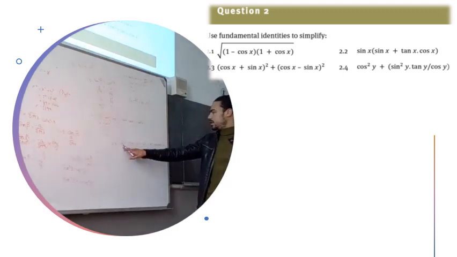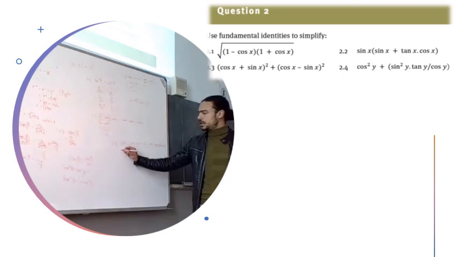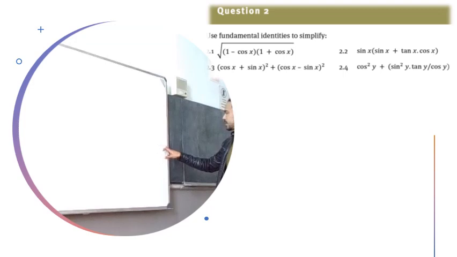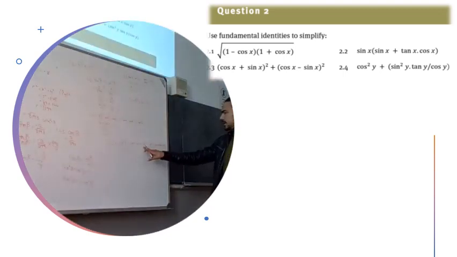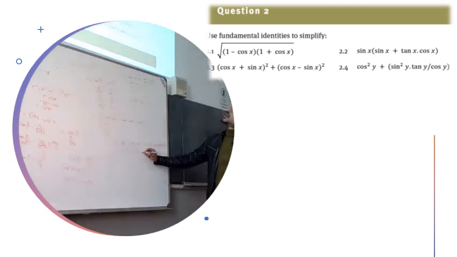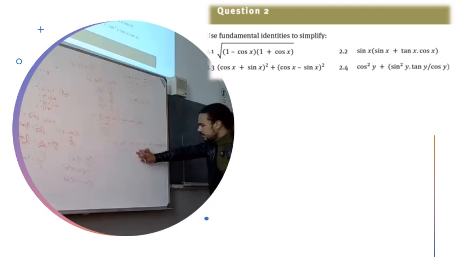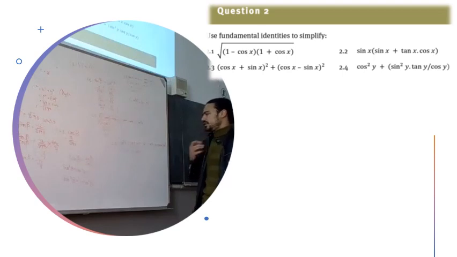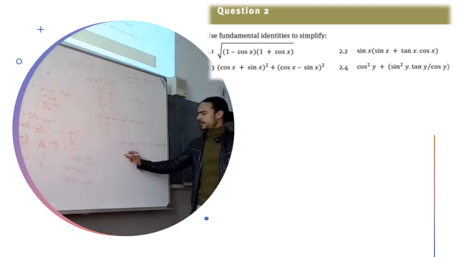Then I have cos squared of x plus cos squared of x, which gives me 2 cos squared of x, and then sine squared of x plus sine squared of x gives me plus 2 sine squared of x.